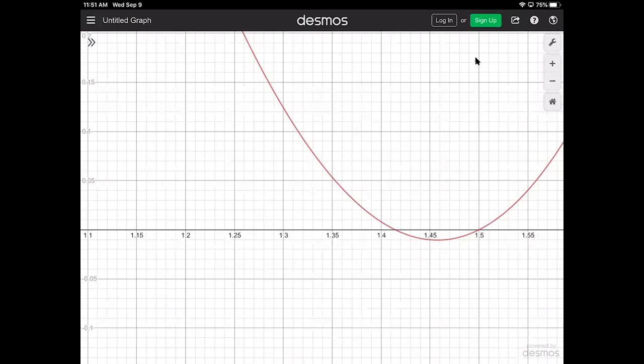But based off of the zeros that we see, what would be a good number to try for our synthetic division? Okay, Richard says 1.5, and I would agree because if I click right there, Desmos even tells you that it crosses exactly at 1.5.